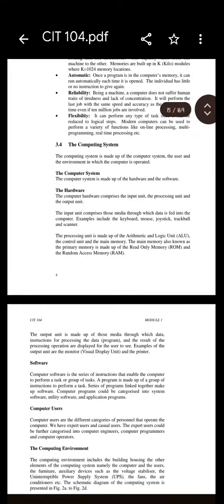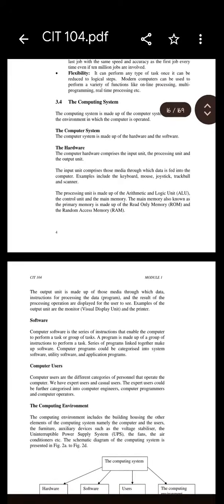I also said that the memory unit, the RAM, deals with temporary files. It only holds temporary files. Once the computer is off, those files are lost. Now the ROM is for permanent information.